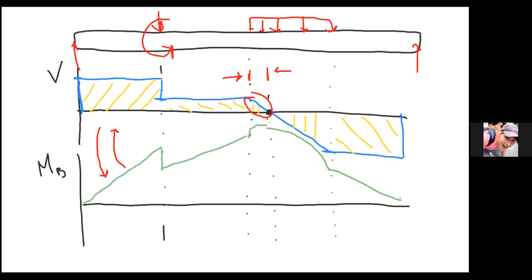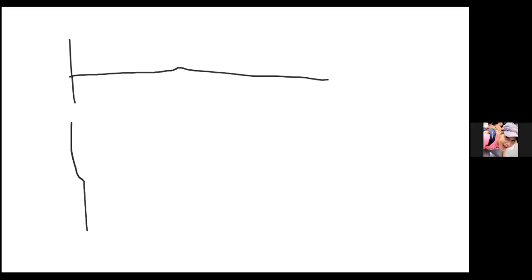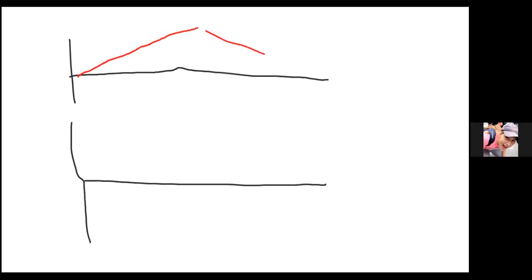And the other thing that I looked at, I'm going to draw this on another sheet, is if my shear force looks like, this is going to be rough. So if my shear force is going up like this, yeah. So if my shear force diagram looks like that, let's say I've got a distributed load pointing upward and then a distributed load pointing downward.